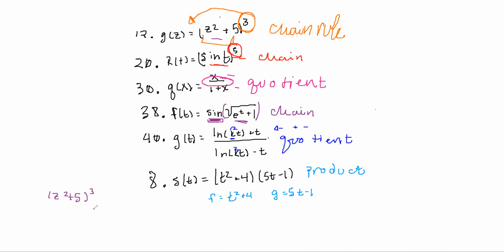So I can easily say that, okay, so if I have a function within a function, my outer function is going to be g cubed, and my inner function is going to be g is equal to z squared plus 5. I can rewrite this in terms of g cubed if g is equal to z squared plus 5.